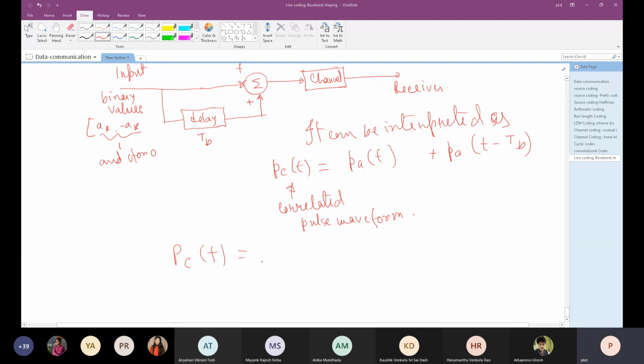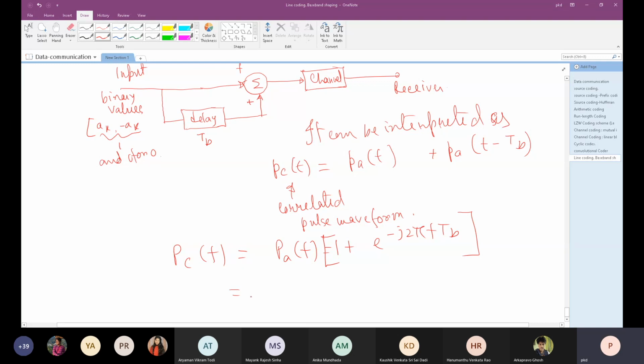If we take the Fourier transform, that will be PAF into 1 plus, it is a simple delay, so there will be a linear phase term, 1 plus exponential of minus j twice pi f TB.